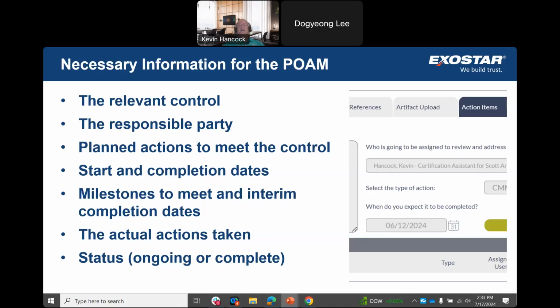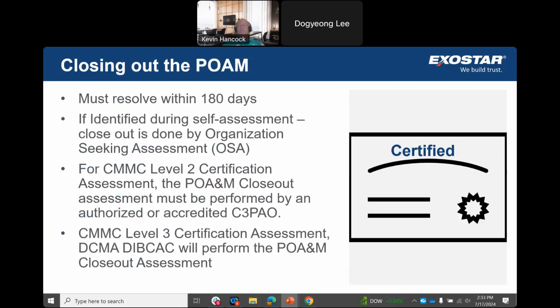And then if you do have open POAMs, you've got to resolve those within 180 days. If those are identified during the self-assessment, or if for some reason that third-party assessment organization found a problem, that's okay, right? That's what an assessment organization does.